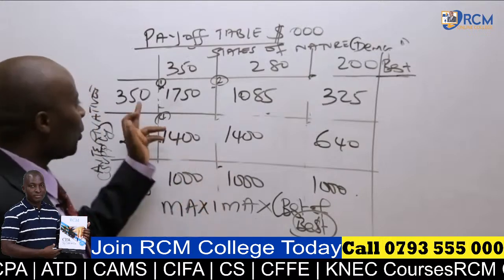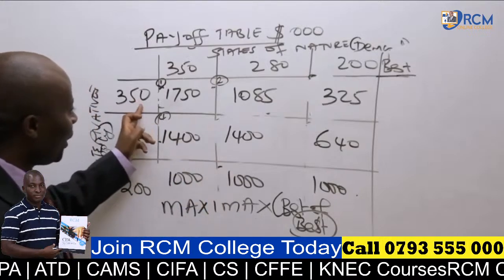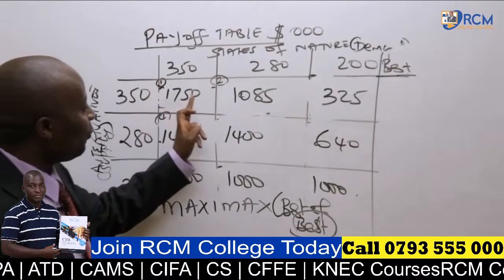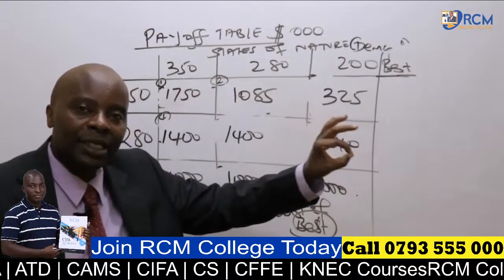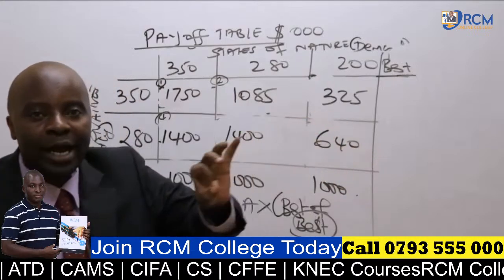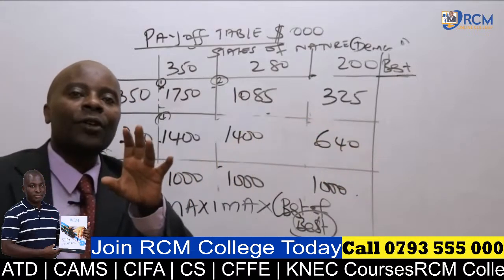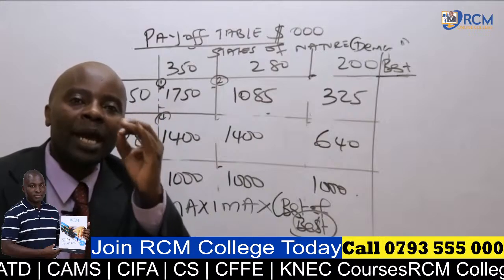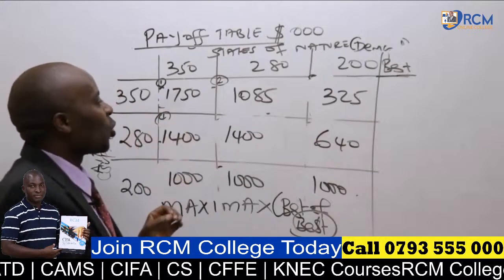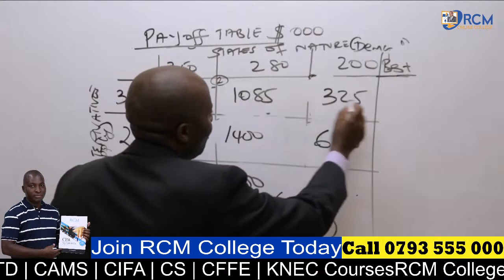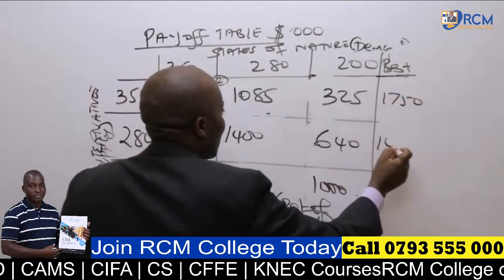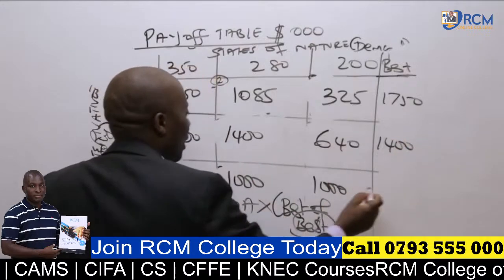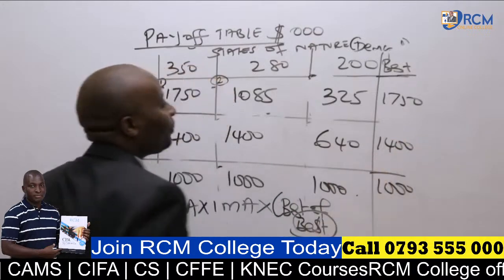So when you tell him that if you produce 350, you could either get 1750, 1085 or 325, they always have the best light shining towards them. They'll always expect the best. So here, you'll expect 1750. Here, you will expect 1400.